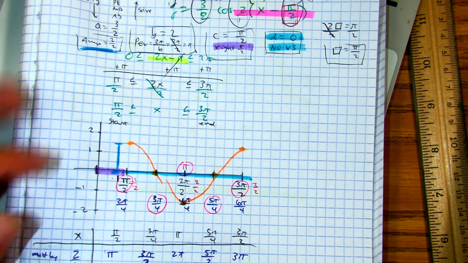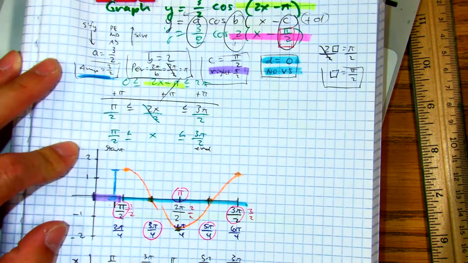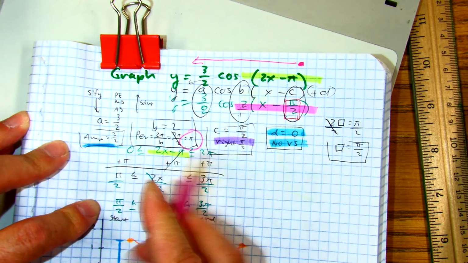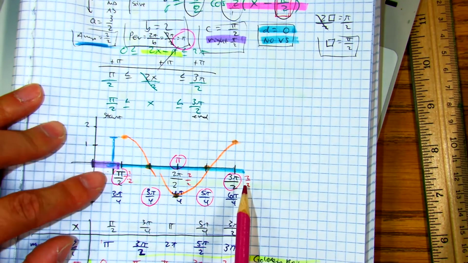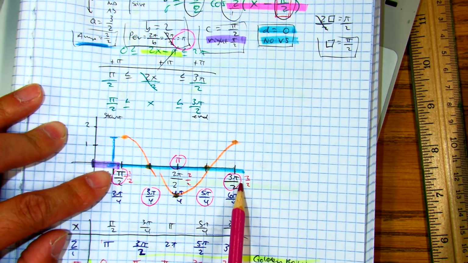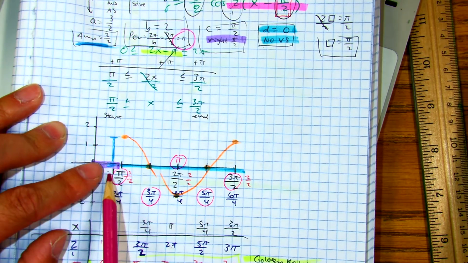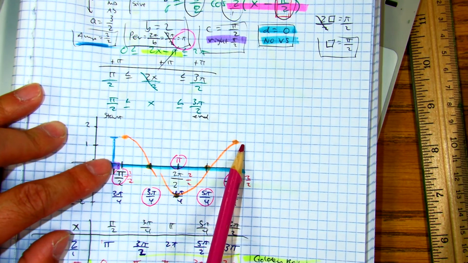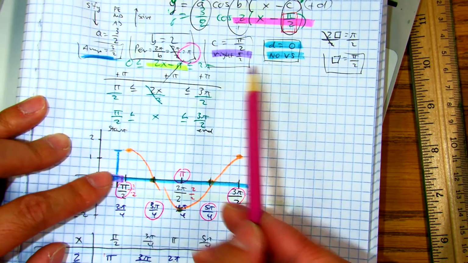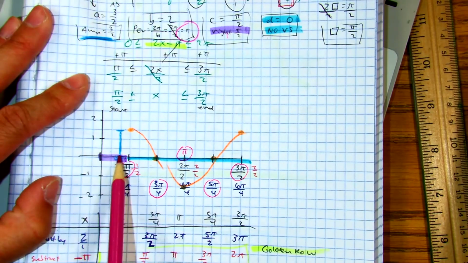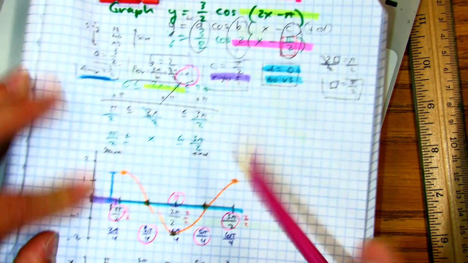The period was pi. Do you see this? That means from pi over 2 to 3 pi over 2 has a distance of 1 pi, right? 3 minus 1 is 2, so 2 pi over 2 is pi, which means it finishes there. We know it's shifted off the origin by pi over 2, and this midline does not go up or down any.